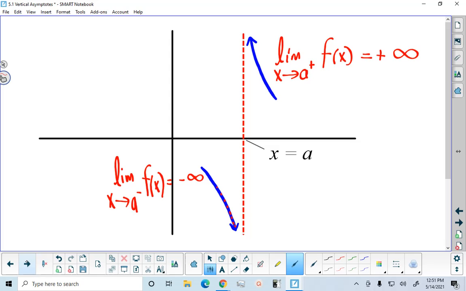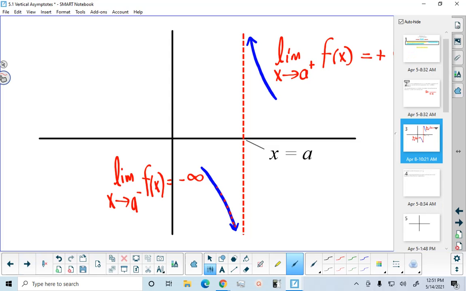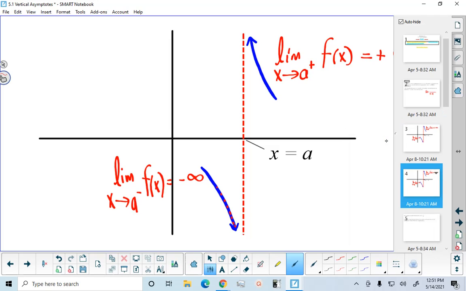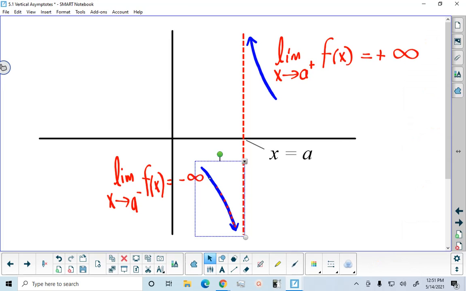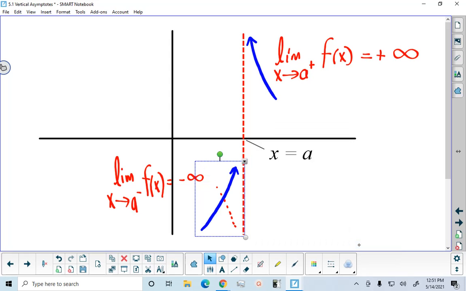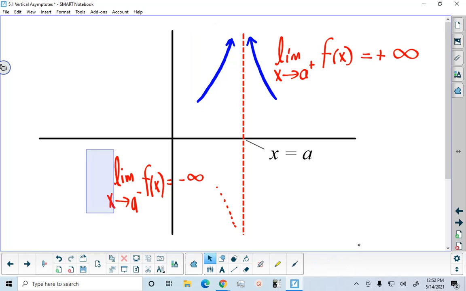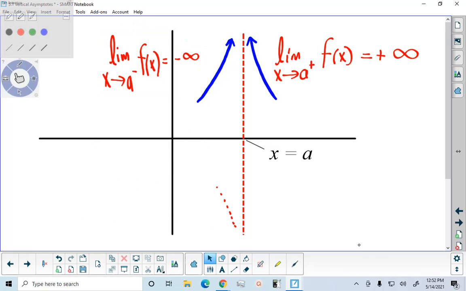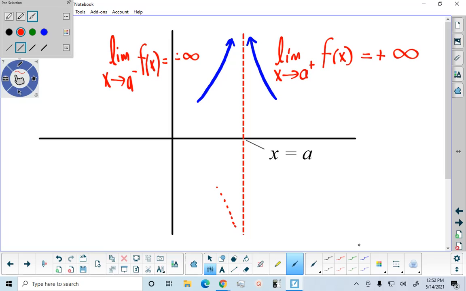Incidentally, there's nothing to say that the graph has to look like that for it to be asymptotic. The graph could look like this, in which case both the left and the right hand limits of the function as x approaches a would both be positive infinity.